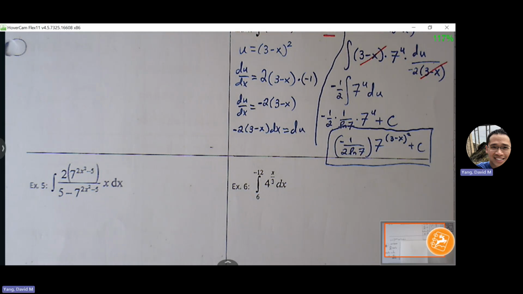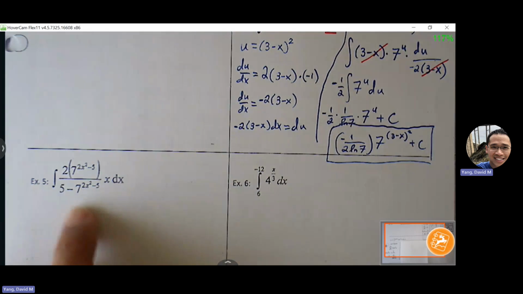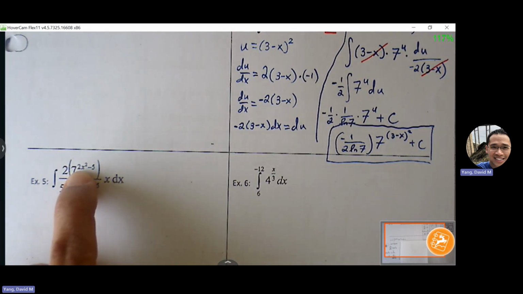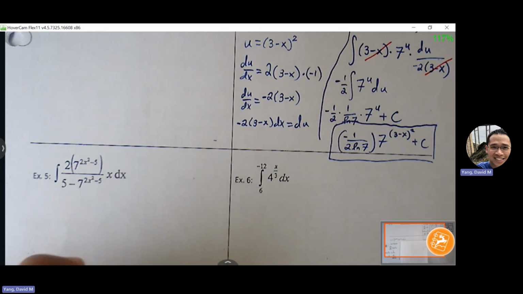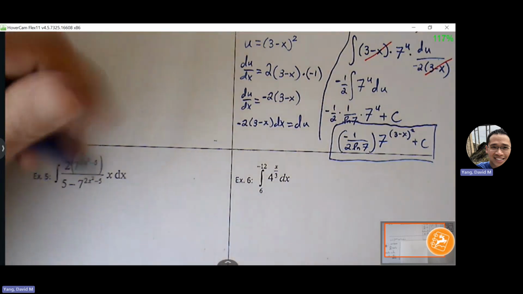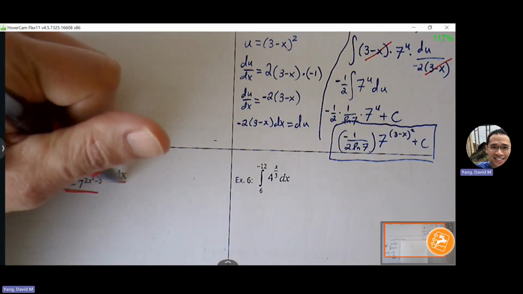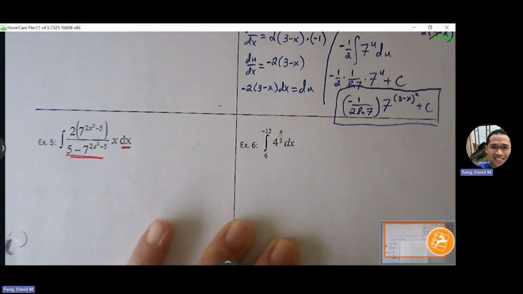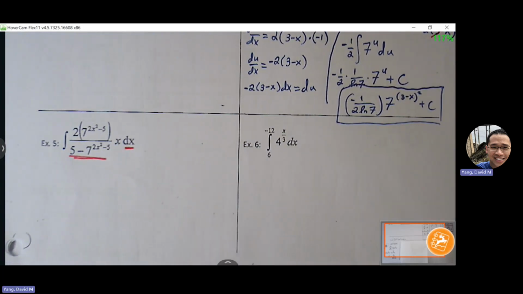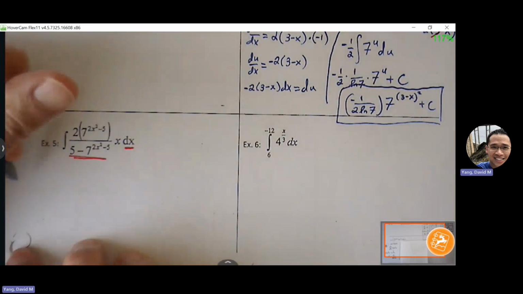Yeah, the entire denominator. If we let the entire denominator be the u value, the derivative should produce something that will match with this. So we're going to match those two, right? And hopefully everything else will pair up nicely. So here's our u value.